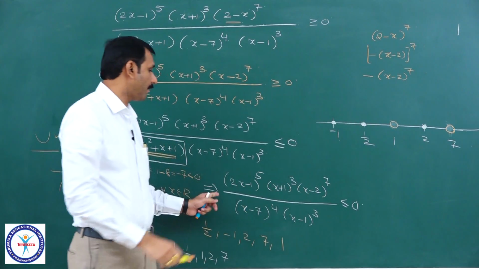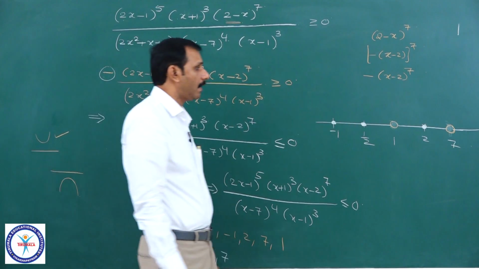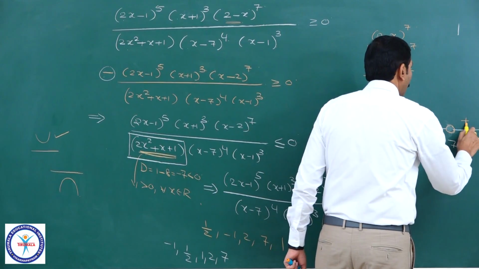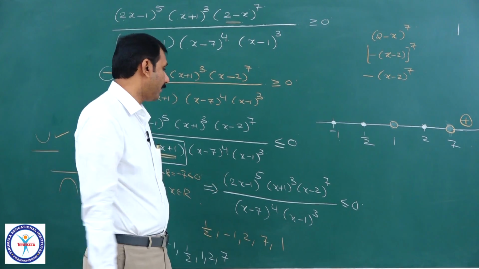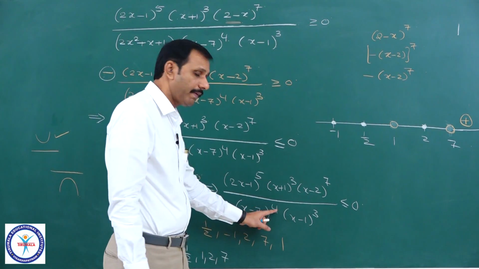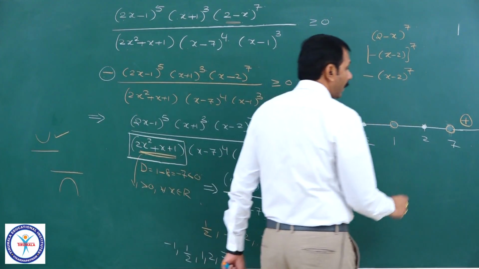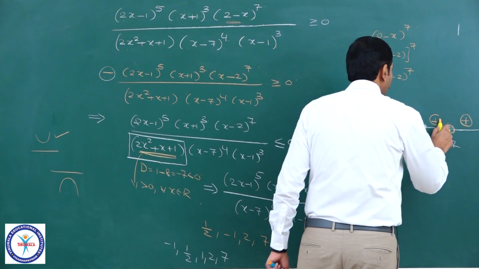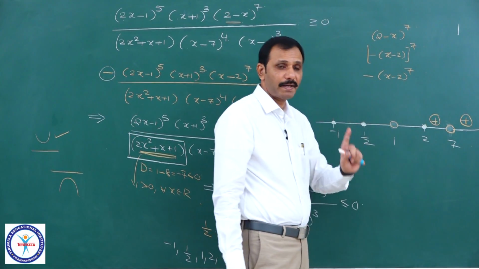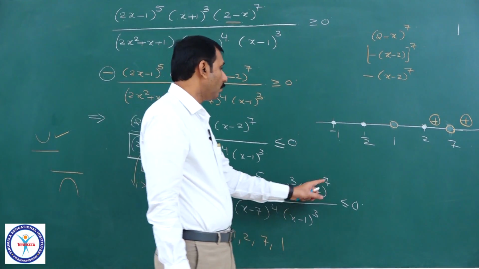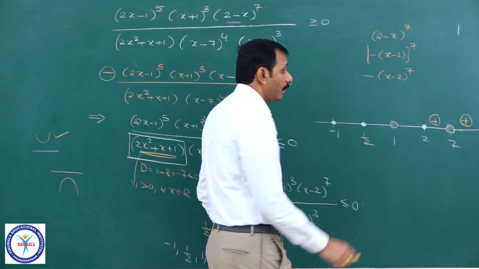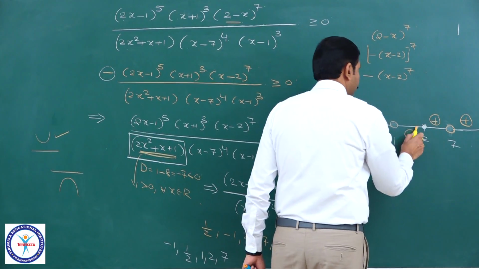Now, because it is of the form x minus alpha, x minus beta and so on, the extreme right is always positive. The power of x minus 7, if you see, is 4, even, meaning a double point, so the sign will not change, plus means plus, minus means minus. Next, to 2: x minus 2 whole power 7, odd, means plus to minus.